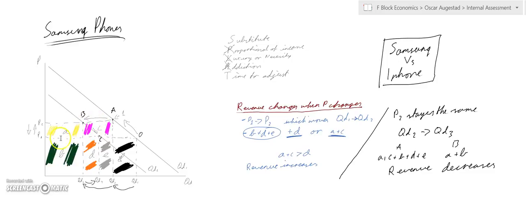So these are all my revenue boxes, and I can see clearly that A and C is bigger than D. This means that the revenue increases. So now it's going great for Samsung, where they have a high revenue at the right amount of price.